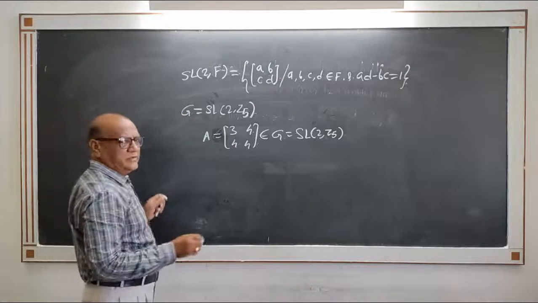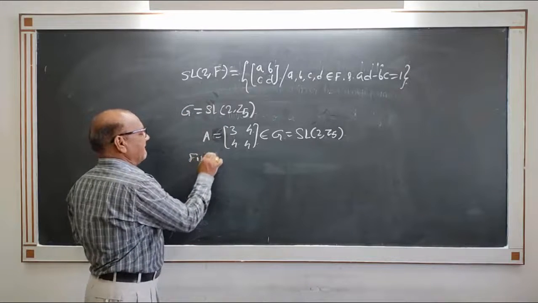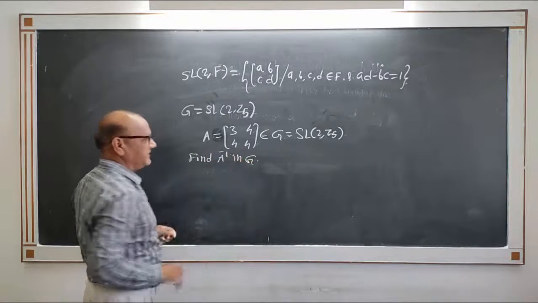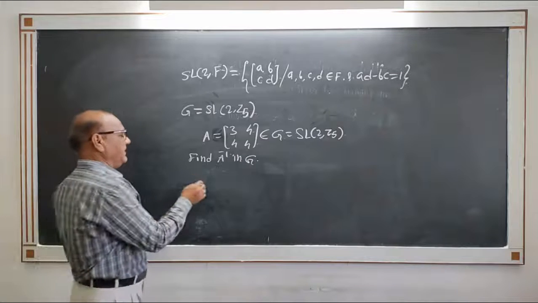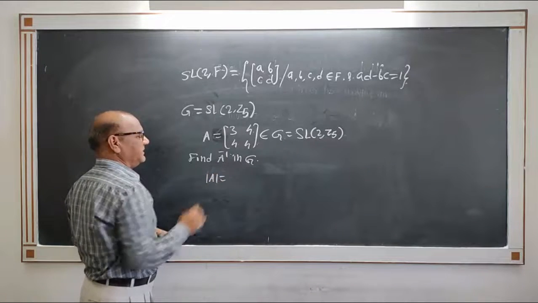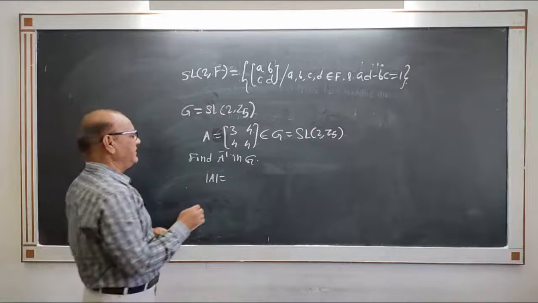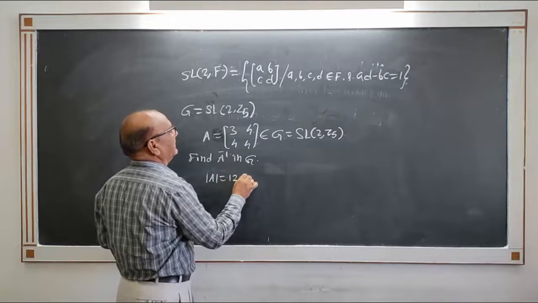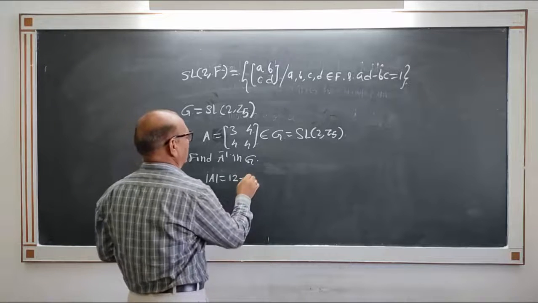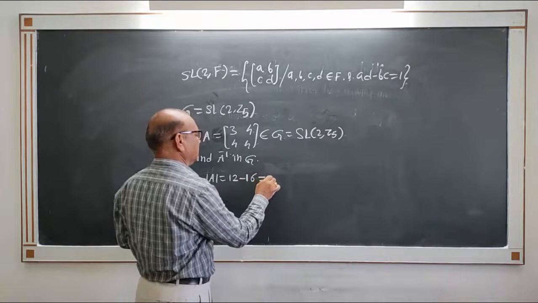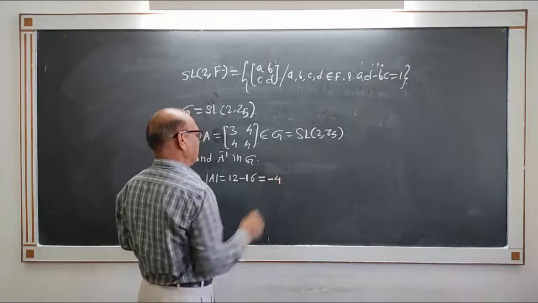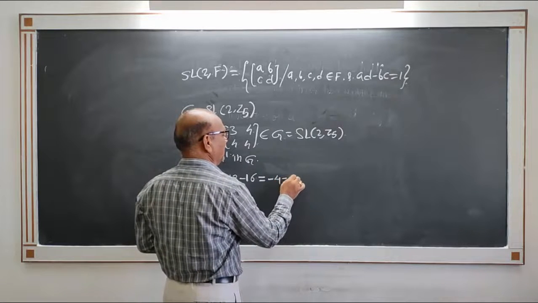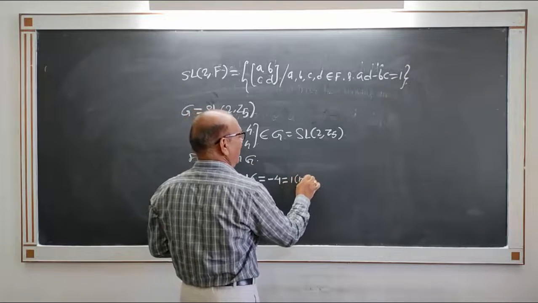Now find A inverse in G. First find the determinant. The determinant is 12 minus 16, that is minus 4, and minus 4 is congruent to 1 mod 5.